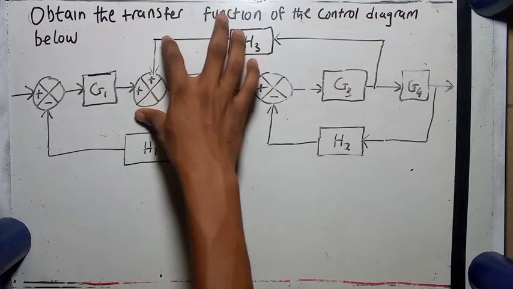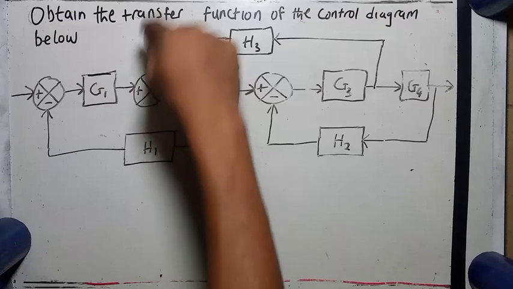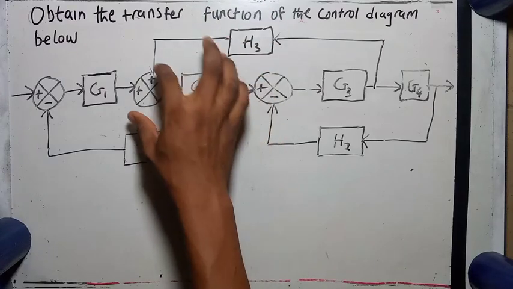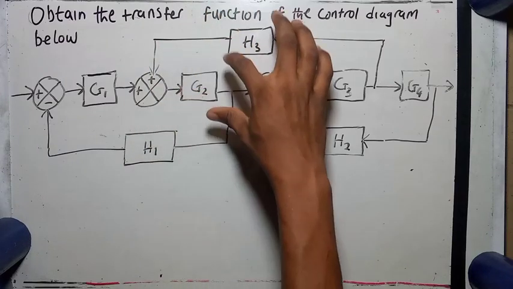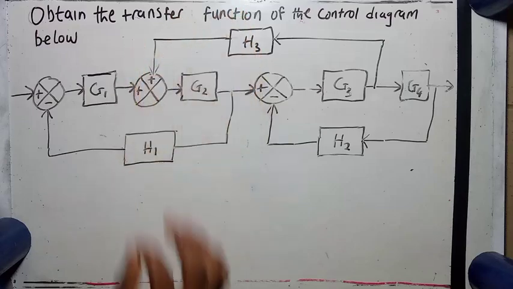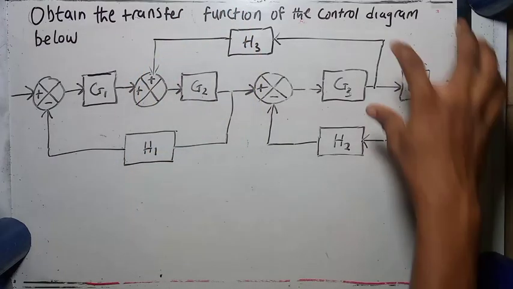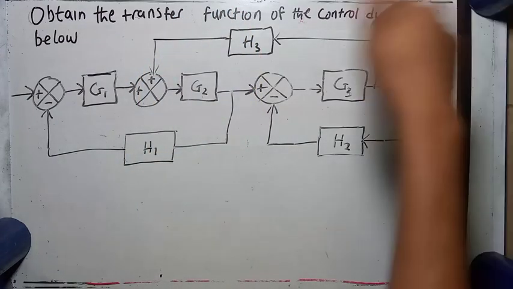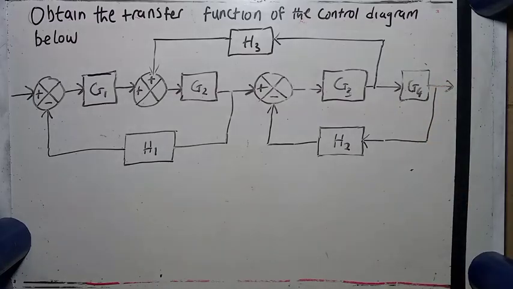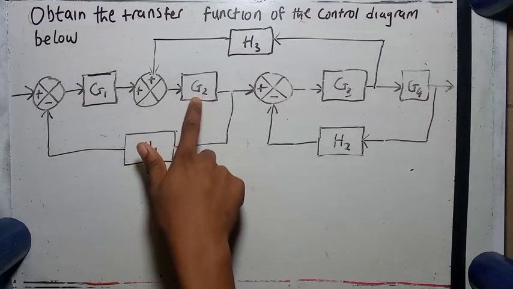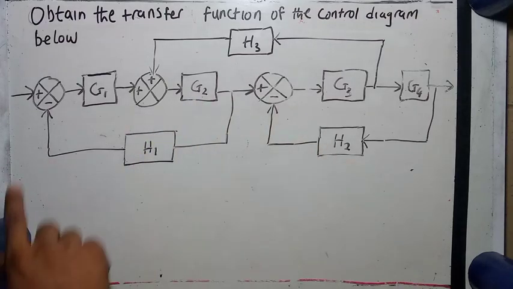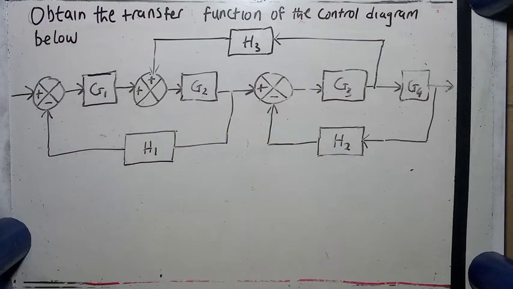This one on the other hand, if you're moving to the left, you'll be doing 1 over. But this one, if you're moving to the right, just g2, or this one, if you're moving to the right, 1 over g4. In each of the cases, what we're looking at is the transfer function that we are crossing. So keep that in mind.